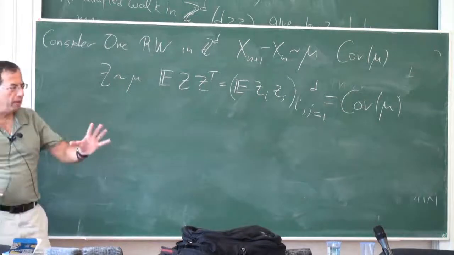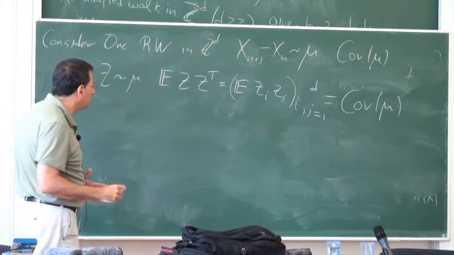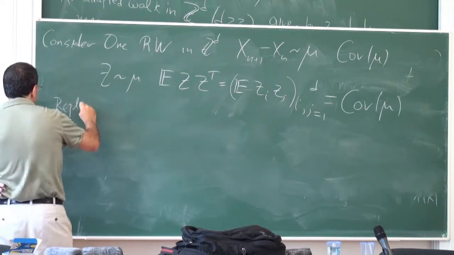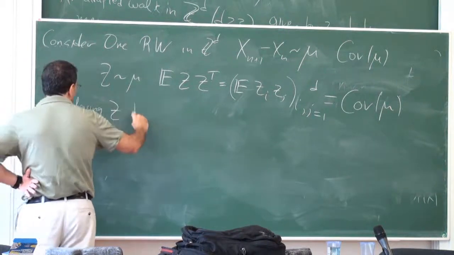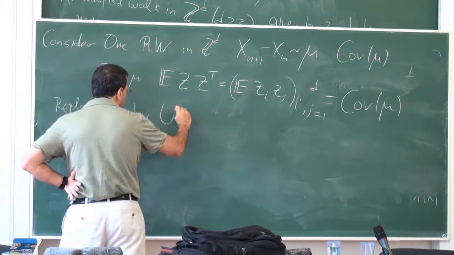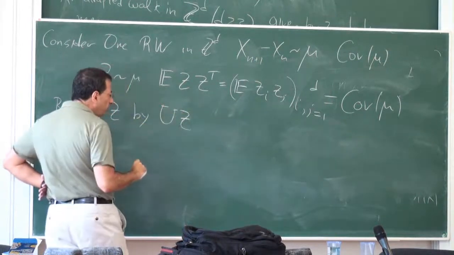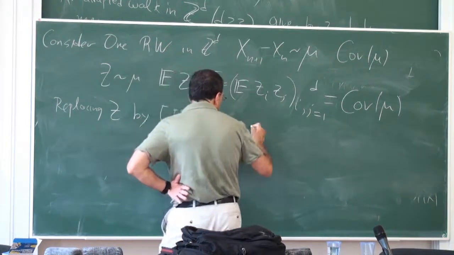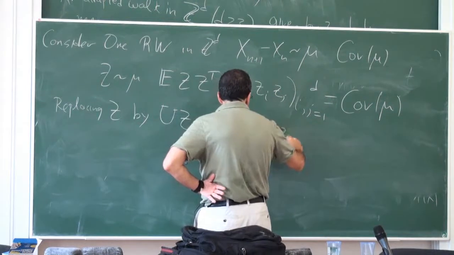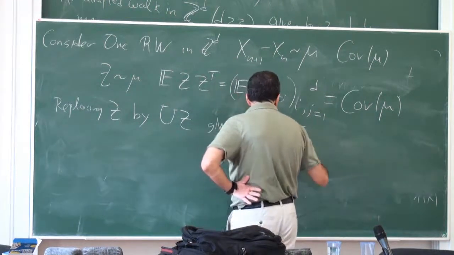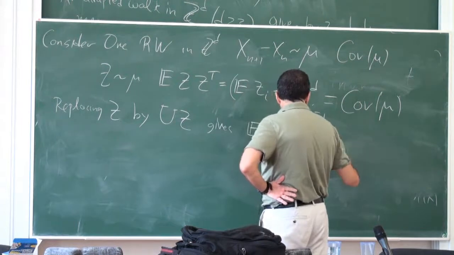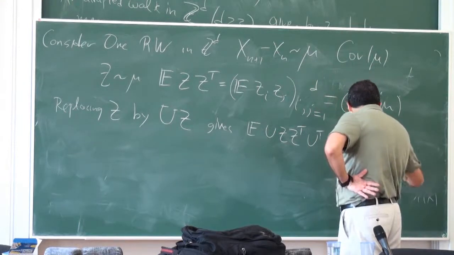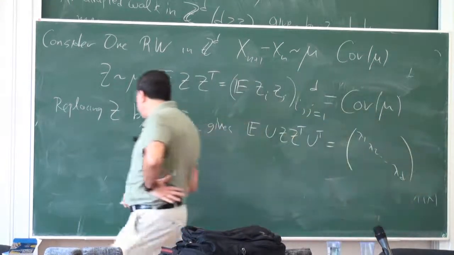So I can always choose a basis in which this covariance matrix is diagonal. In other words, by replacing the increment Z by U times Z, where U is a unitary matrix, we can diagonalize this matrix to get just a diagonal matrix.